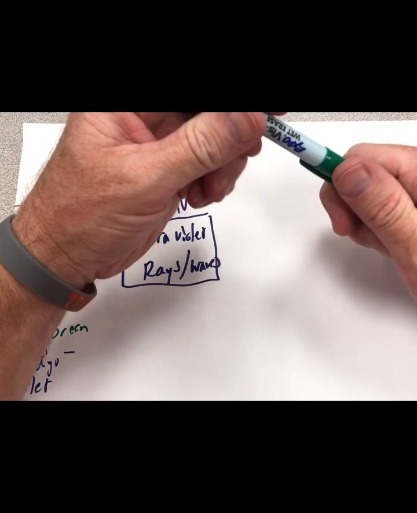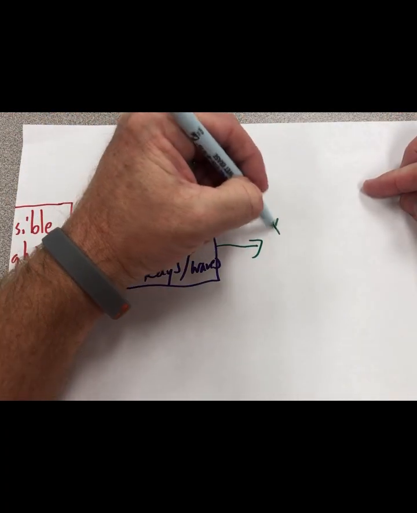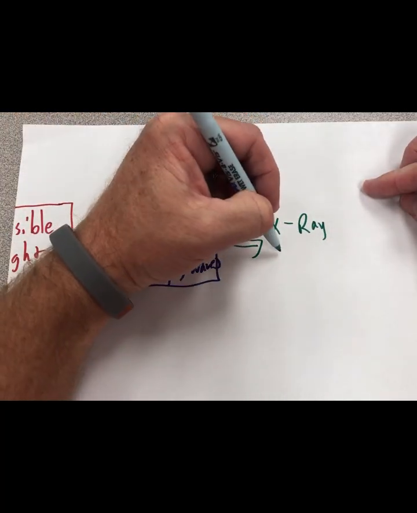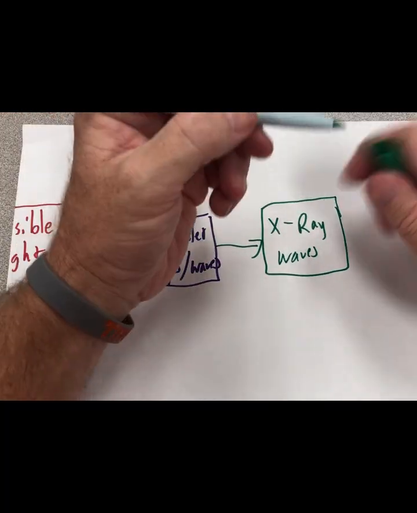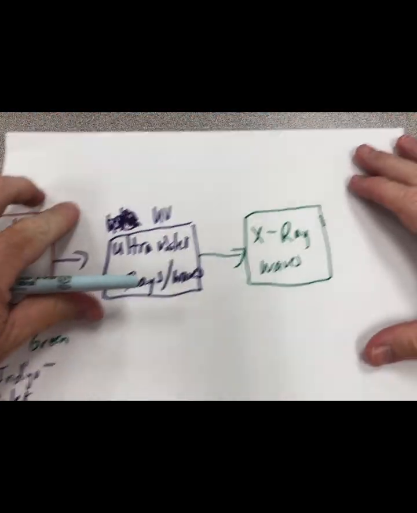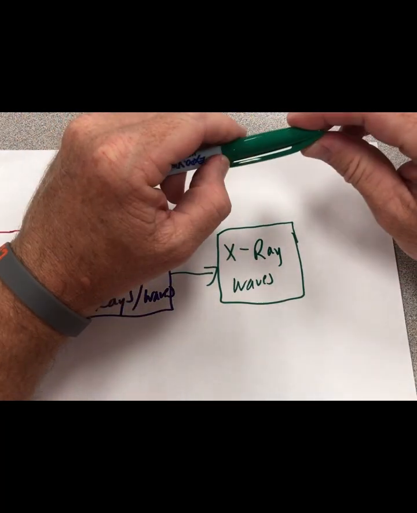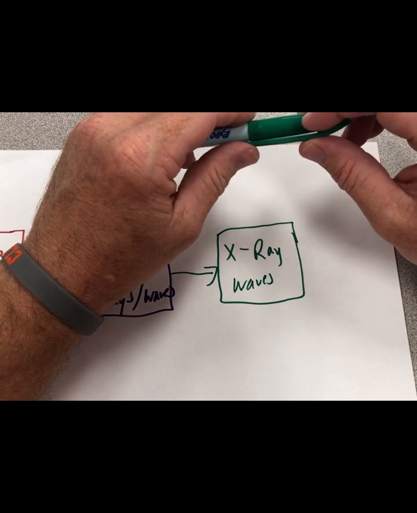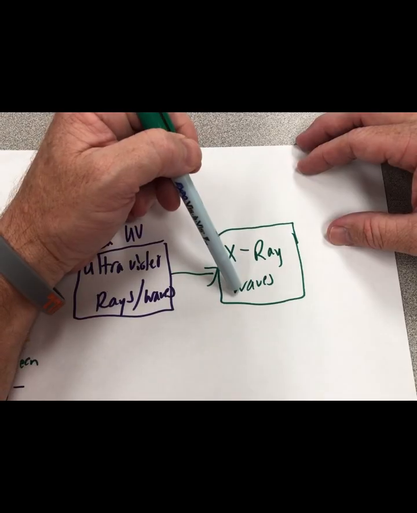Next one, everybody's probably experienced using some of these before. If you've ever had an X-ray done on your body because you've had a broken bone or maybe a fracture, you've had what's known as an X-ray.